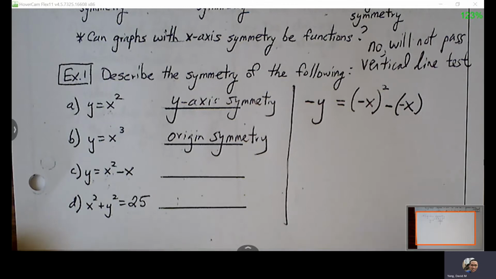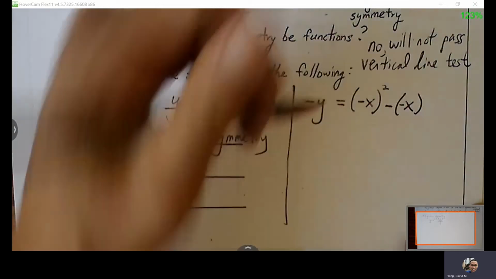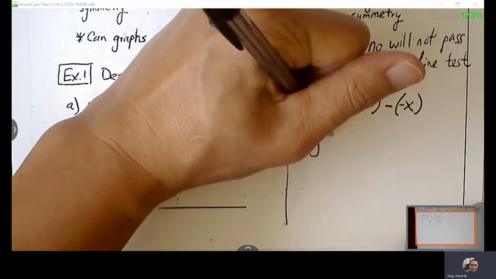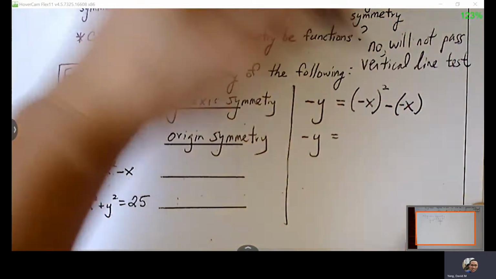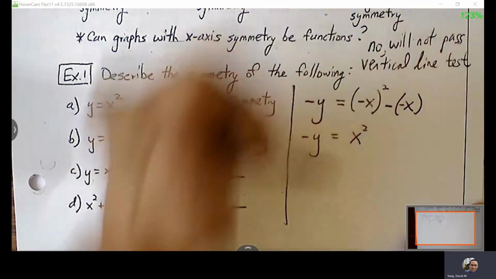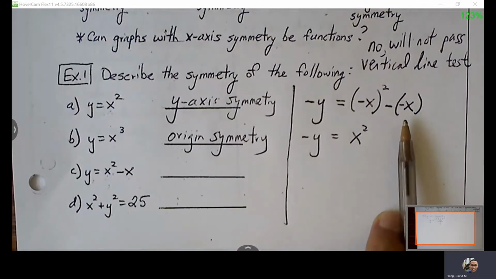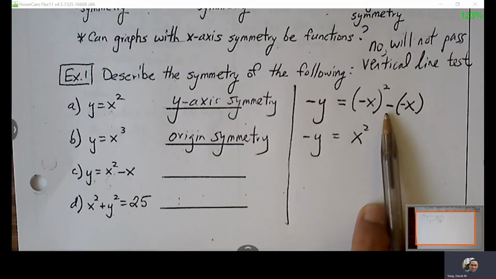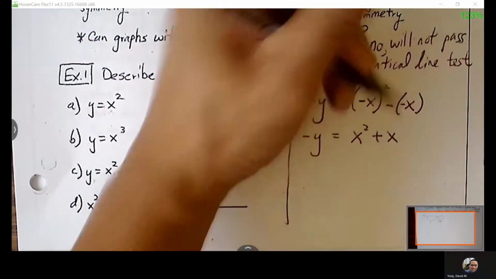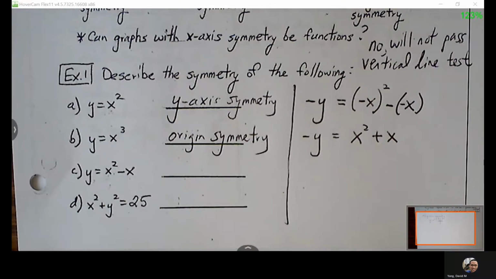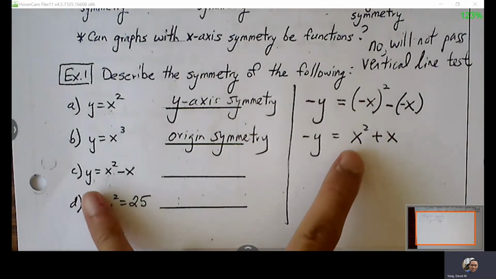Okay, let's clean this up, see what happens. Negative y will stay negative y. The negative x squared, we know that will go back to positive. This negative x doesn't go away, but it will cancel out with this negative, so two negatives becomes positive. So it doesn't look like the same thing, right?